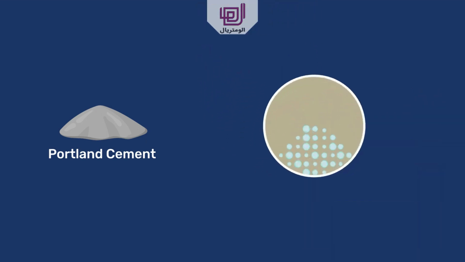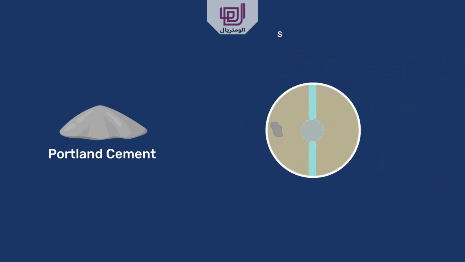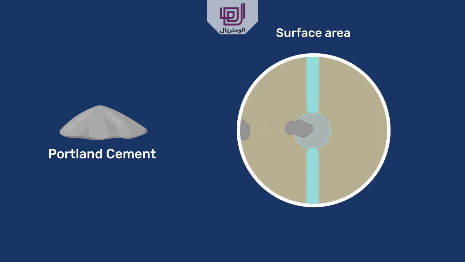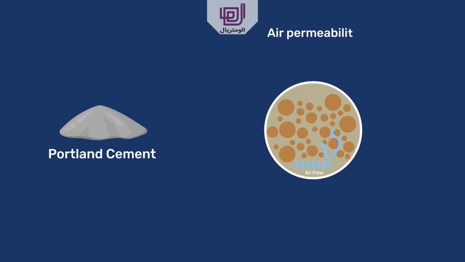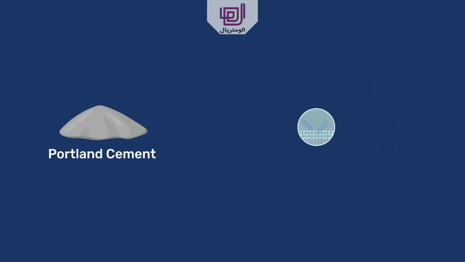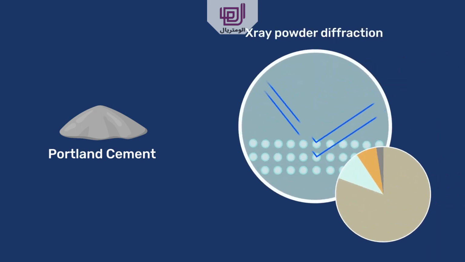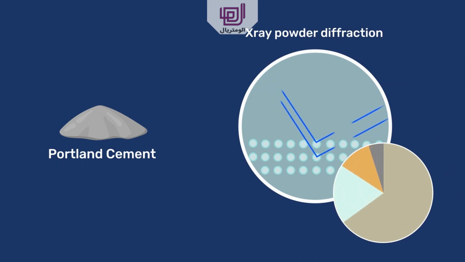This involves measuring the proportion of atoms in the mix using X-ray fluorescence and controlling the specific surface area either by measuring particle size distribution or the Blaine specific surface area, which is based on measuring the air permeability of a packed bed of cement particles. Additionally, an increasing number of cement plants use X-ray powder diffraction to quantify the phases formed.